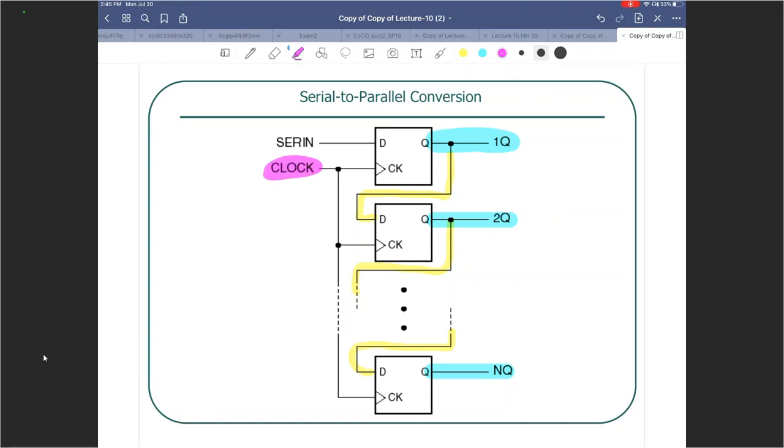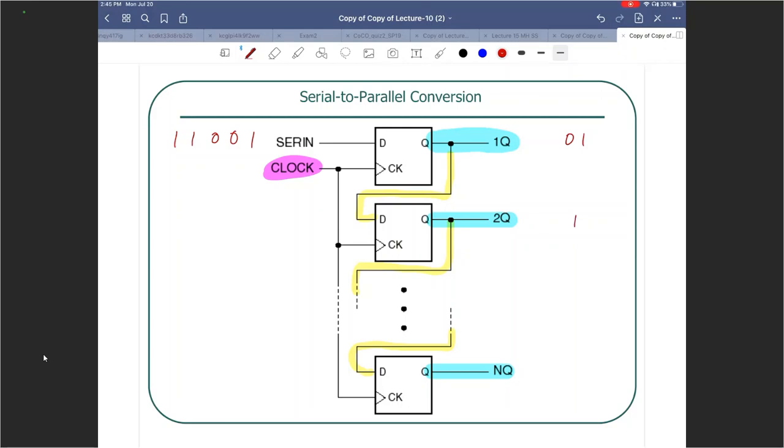As you clock things through, you have a serial input, let's say the same sequence, 1, 0. After the first positive edge of the clock, this one will be 1, and I don't know about anything else. After the second positive edge of the clock, 1Q will now be 0, 2Q will be 1.